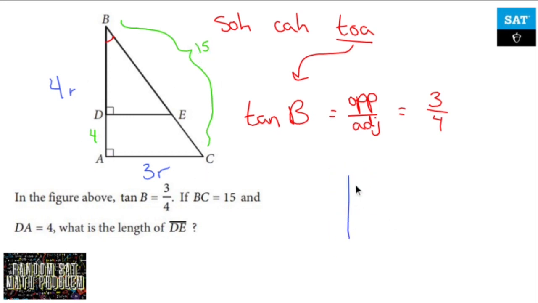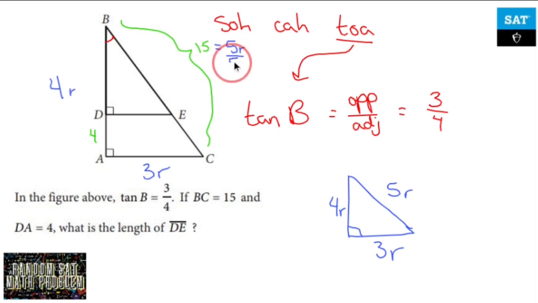Well, there's a little rule that says if you have a right triangle and you know that this is 3 and this is 4, this is going to be 5. Similarly, if I were to attach an R to each of them, that works. So if you're 3R and you're 4R, then 15 is the same as 5R.